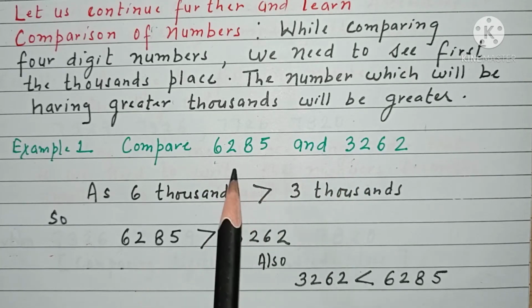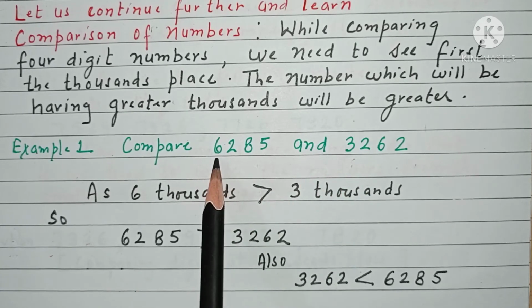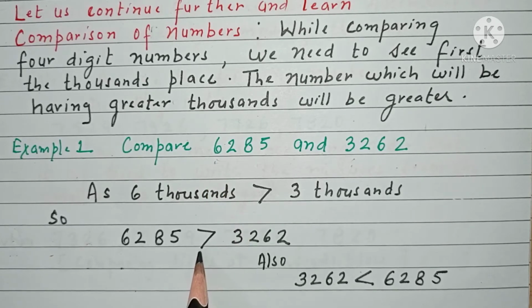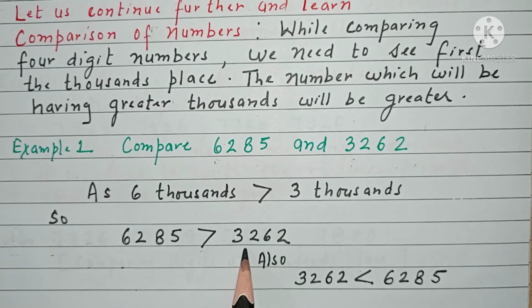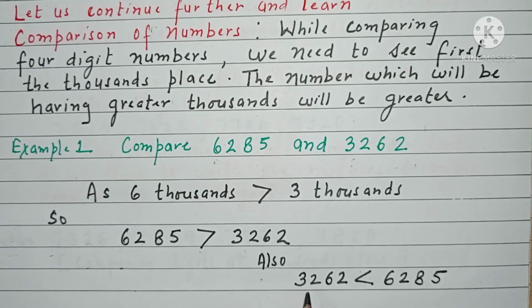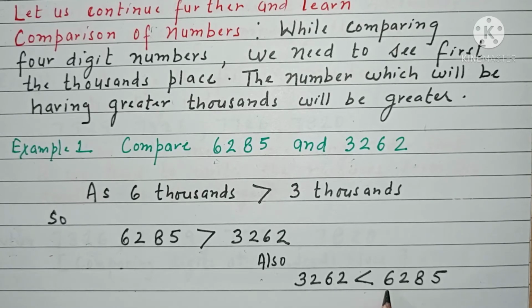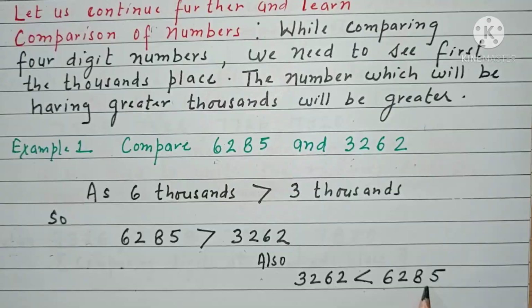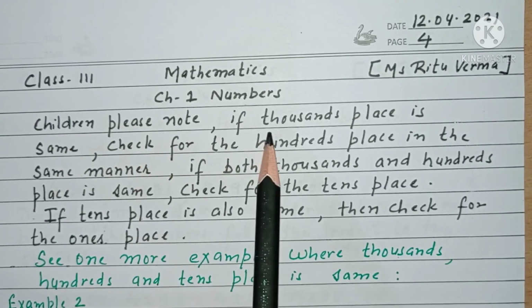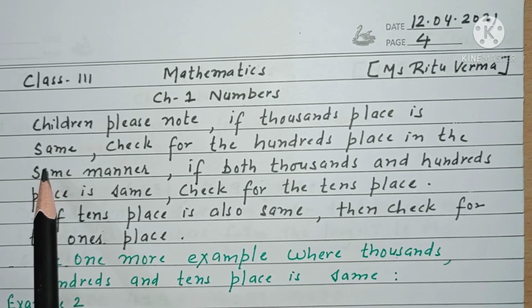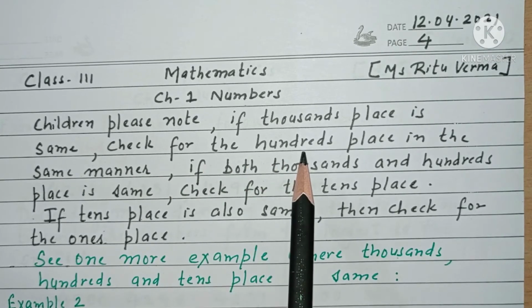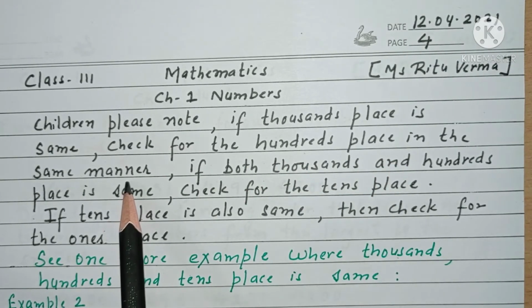That means the number which is having 6 at the thousands place will be greater than the number which is having 3 at the thousands place. Similarly, we can say that 3262 is less than 6285.